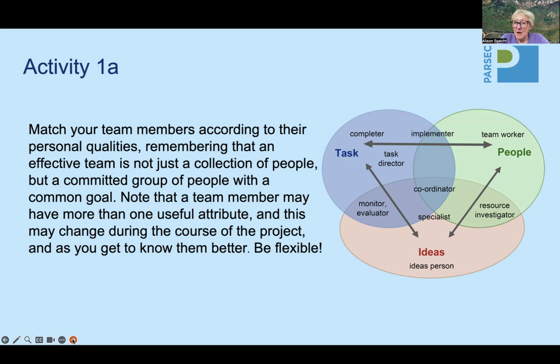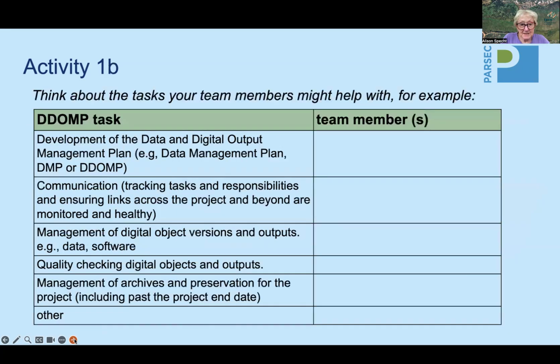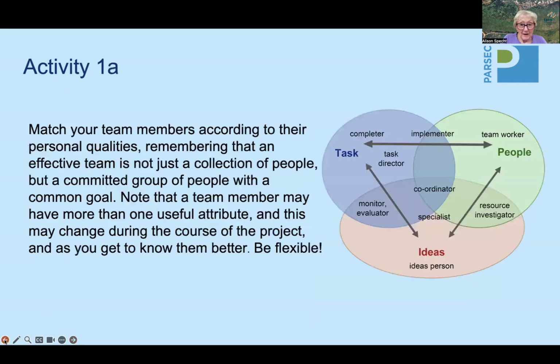You want to know, okay, I want to have this ideas person really engaged in this exercise. So see if you can use this table to think about the tasks your team members might help with, and think about their attributes. You might like to expand them to add more.